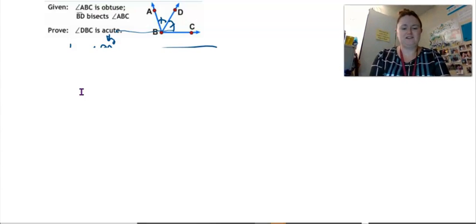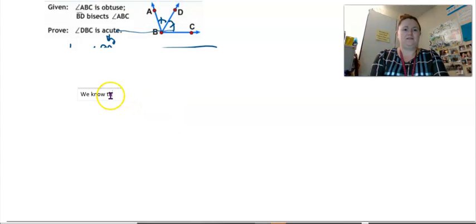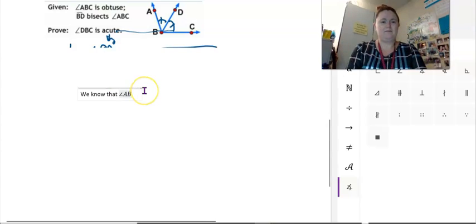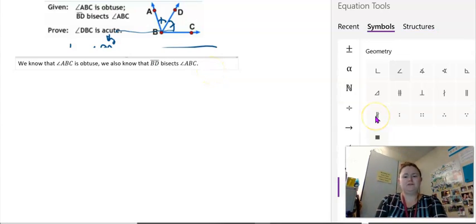So we're actually going to start by saying we know angle ABC is obtuse, we also know segment BD bisects angle ABC. And so that's me stating my given.